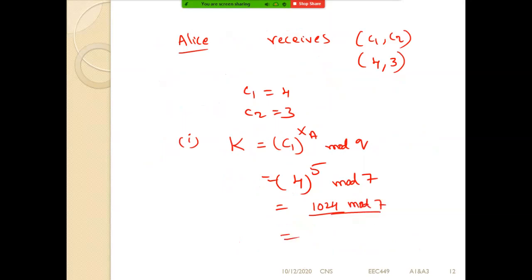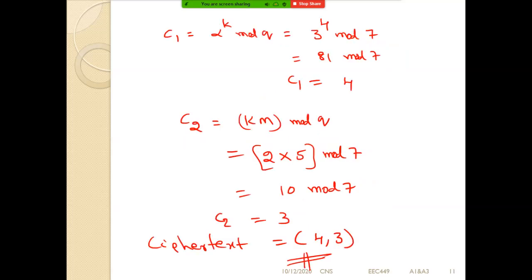So actually the key sharing is happening like this. Is the key shared securely? Yes.